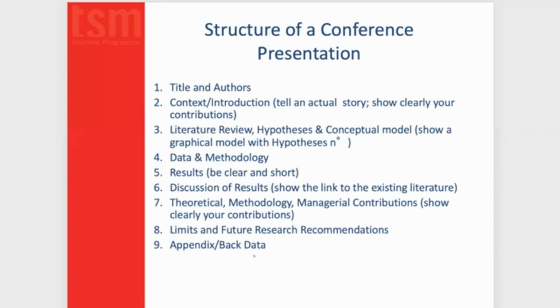And you finish as in a research article and also in your thesis with the limits and future research recommendations. Then you show that, for example, our sample is not representative. We have only student samples, so it would make sense to do the survey again with a representative national sample. We did the survey only in France, so it would be recommended to do the survey in US or in developing country and in Asia.